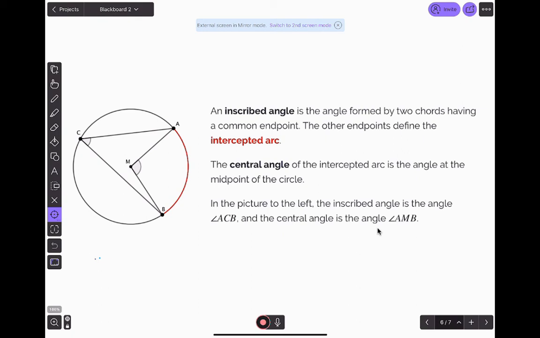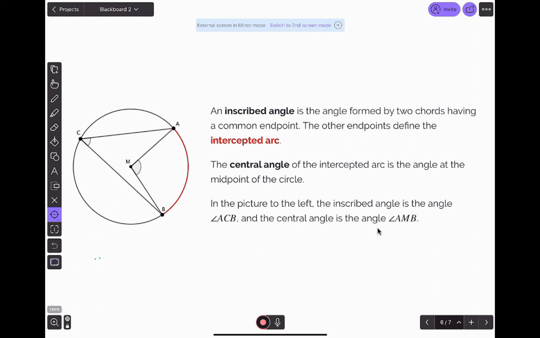The last terms I'm going to talk about are inscribed and central angles. Okay? So an inscribed angle is an angle formed by two chords having a common endpoint. The other endpoints define the intercepted arc. So there's a couple terms there. First one is inscribed angle, and it's going to be formed by two chords having a common endpoint. Well, the two chords are chord A, C, and chord B, C. Those are the two chords that make the inscribed angle.